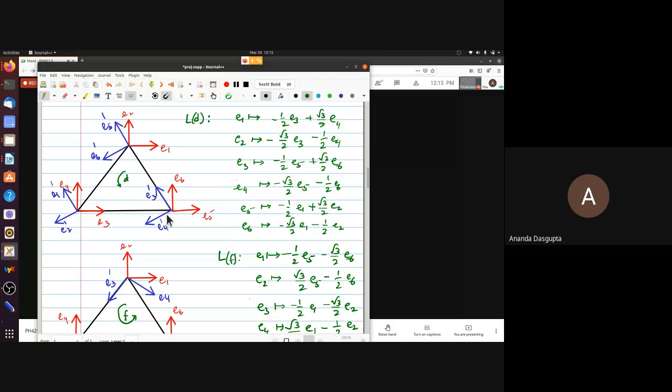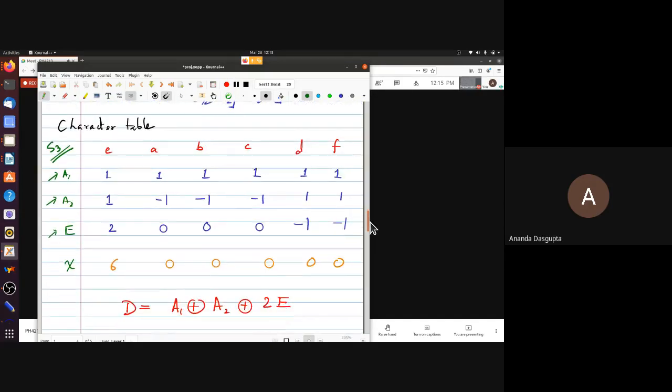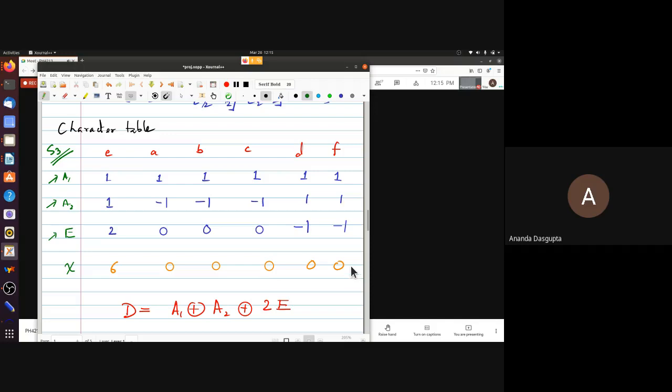And I found out that no such contribution can occur for any one of these. So for both rotations, you're going to get trace of 0. So that actually gives us this particular entry in the character table. Usually when we write down the character table, we only write down the character table for the irreps, but we have added one more row simply for the representation that I'm dealing with right now.